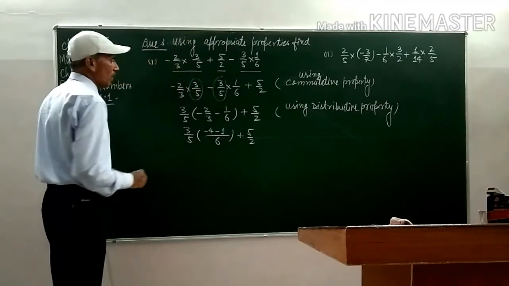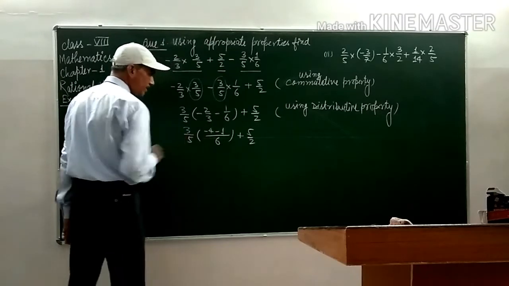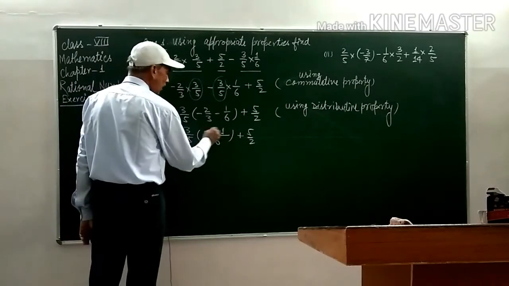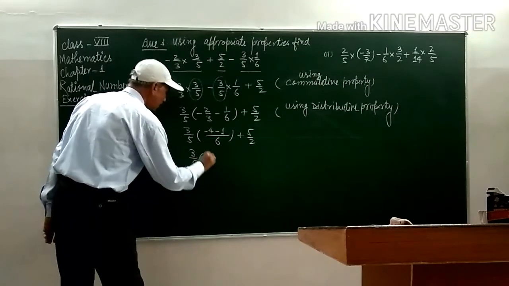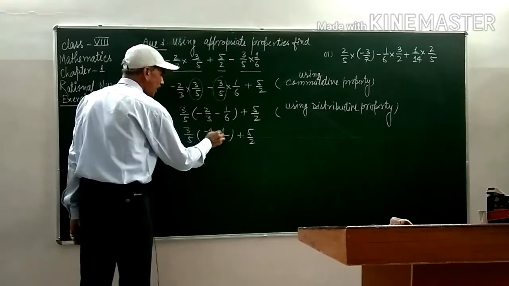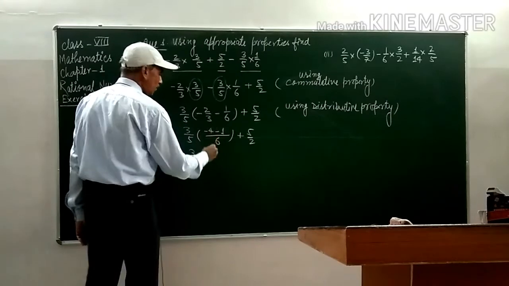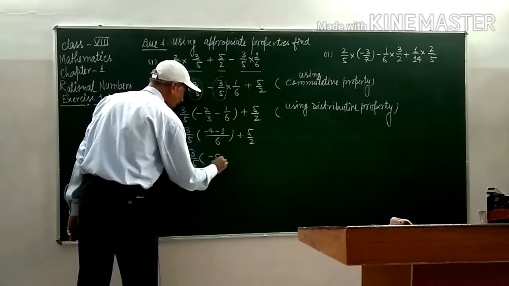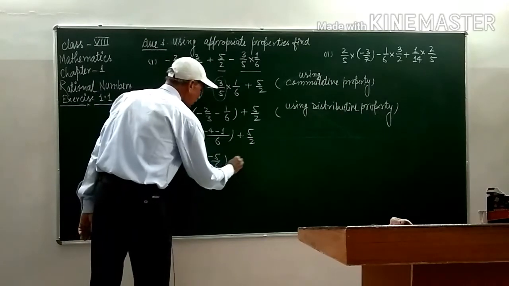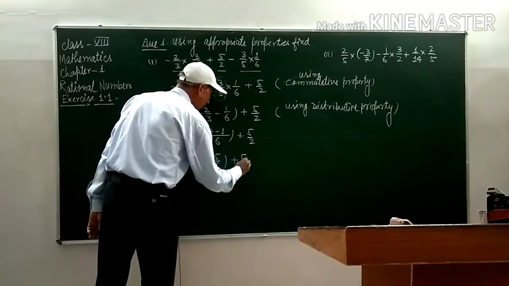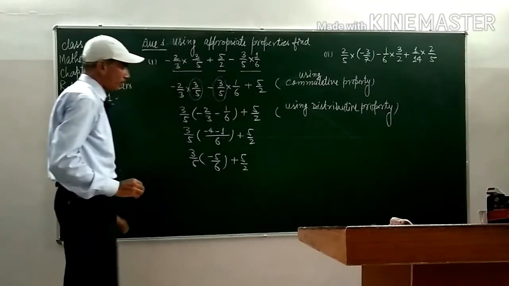Clear students? Now in the next step, we have to add these numbers. 3 by 5, and minus 4 and minus 1 is minus 5 by 6. Clear? And this number 5 by 2 here.